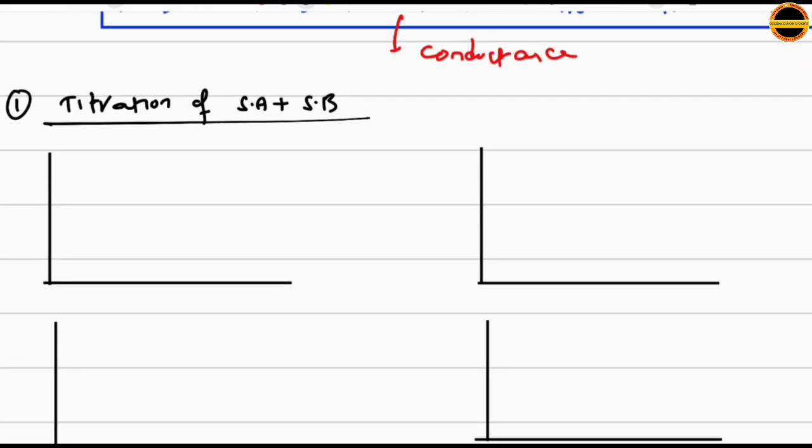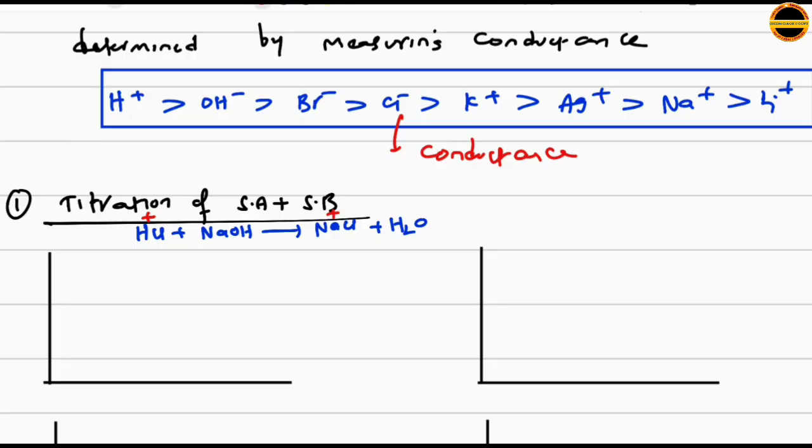We will compare all of these together. So first, titration of strong acid and strong base, as we know the reaction: strong acid HCl, strong base NaOH, which will form NaCl and H2O. Here it is H plus, Na plus. So overall H plus is converted into Na plus, or HCl and NaOH are converted into NaCl and H2O.